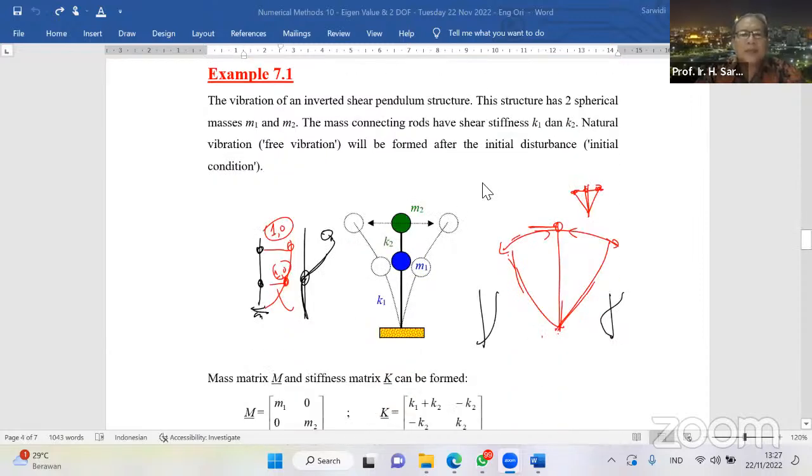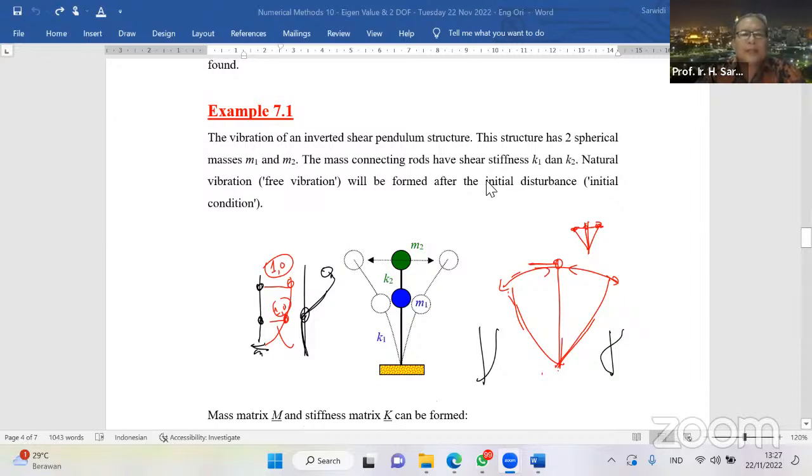This is an example, example 7.1. There are two-story structures that could be modeled by lollipop, yeah, lollipop here, and this is the K, the stiffness of story 1. This is the stiffness of story 2. This is the mass of the roof. This is the mass of story 1.